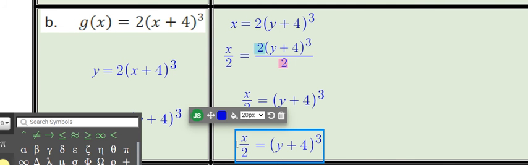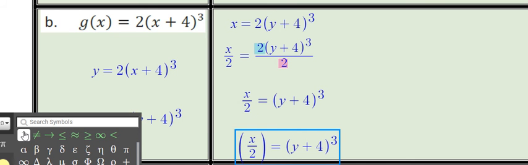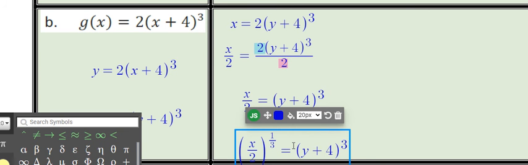And what I'm really trying to do is end up with an exponent of 1. So this side I raise to the 1/3 power. This I also raise to the 1/3 power.